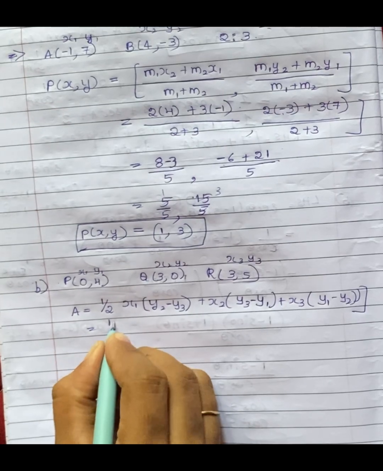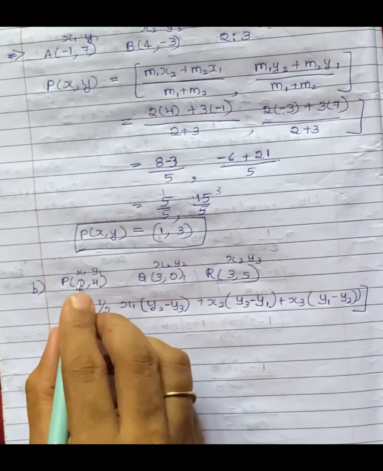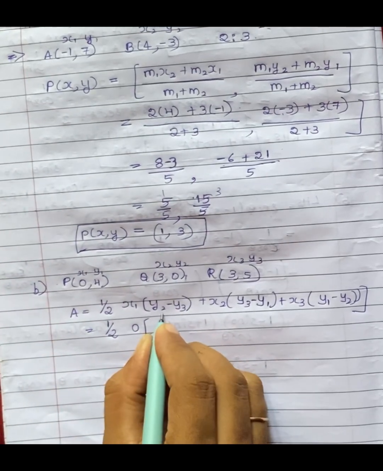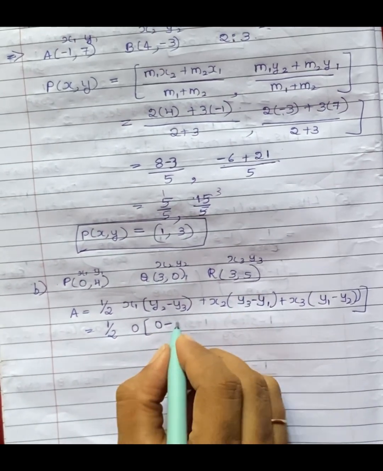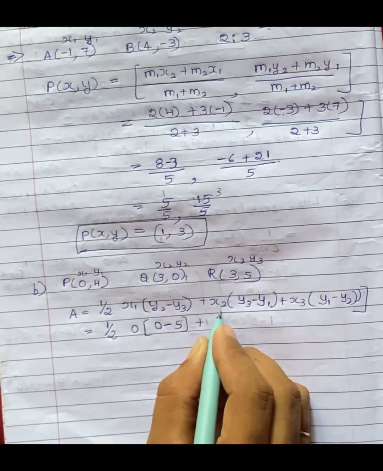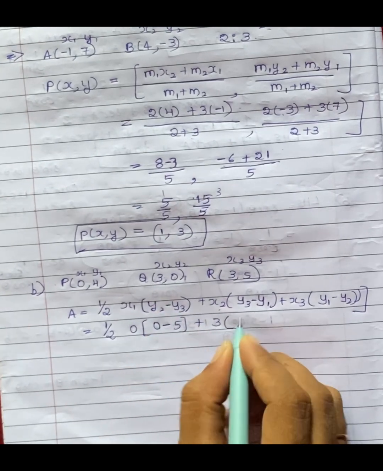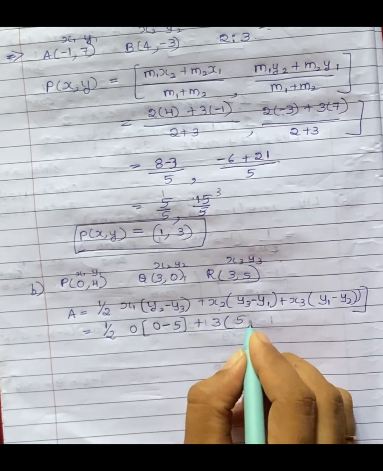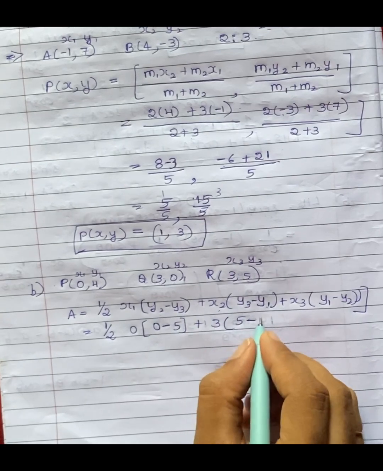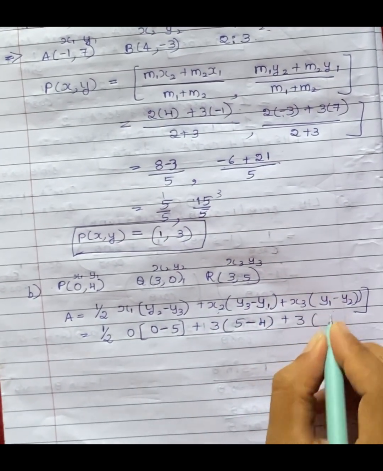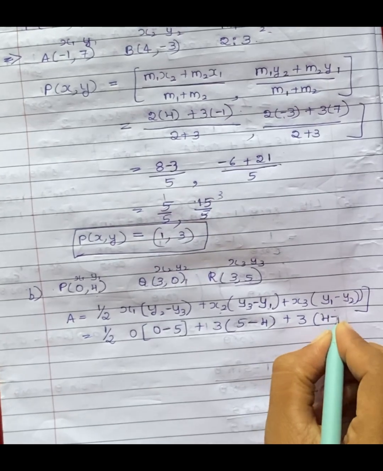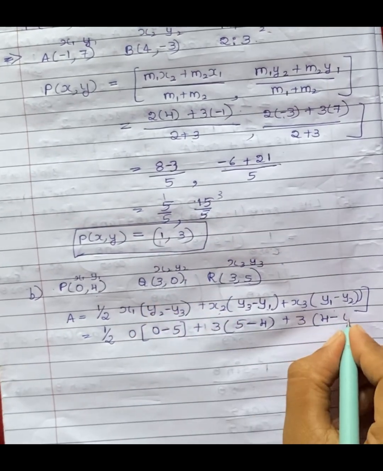That is 1 by 2, as it is. x1 is nothing but 0, y2 is 0, y3 is 5, plus x2 is 3, y3 is 5, minus y1 is 4, plus x3 is 3, y1 is 4, minus y2 is 0.